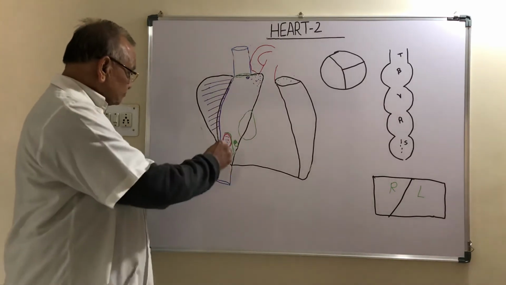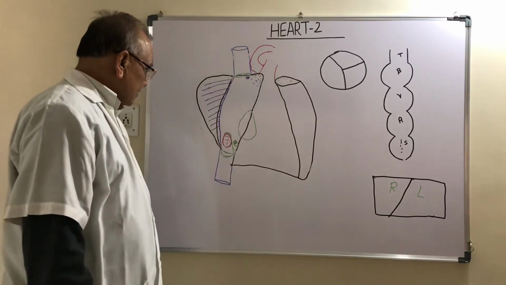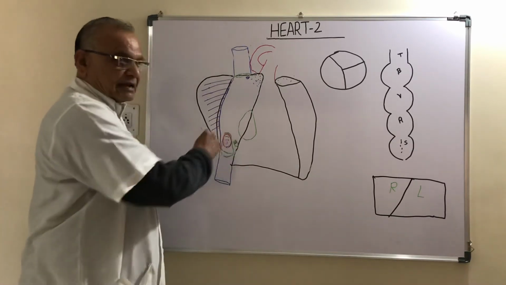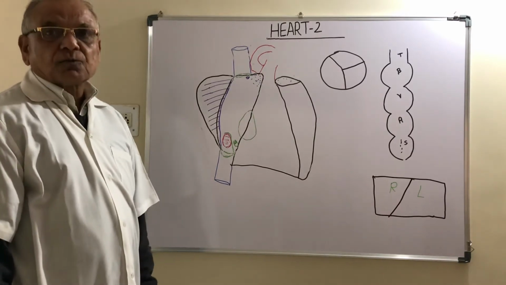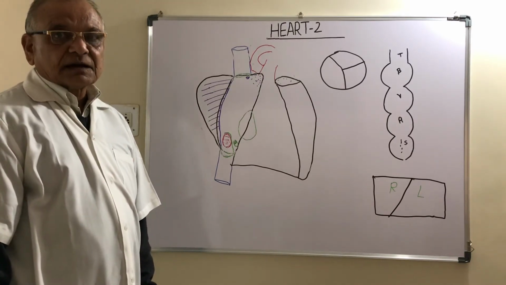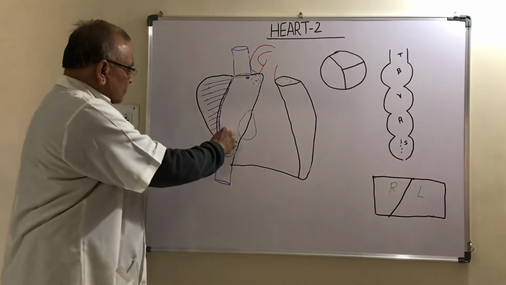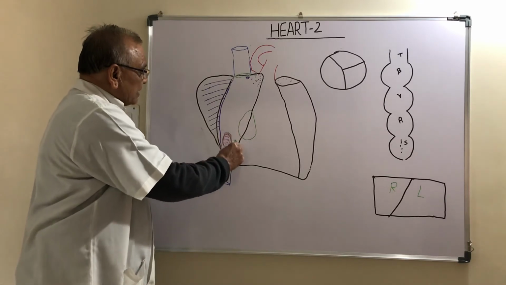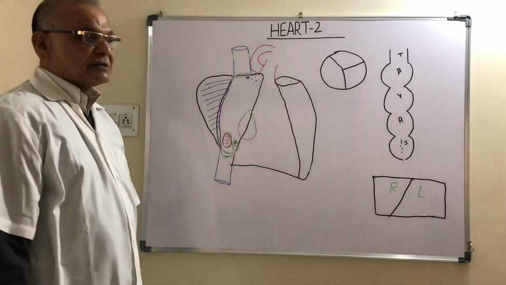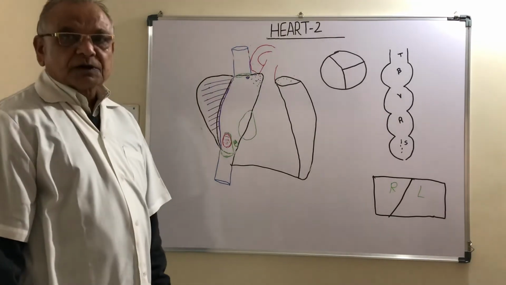Now, above the opening of the inferior vena cava, there is a depression, and this depression is called the fossa ovalis. Above and in front, the fossa ovalis is bounded by a ridge, and this ridge is called the limbus fossa ovalis.